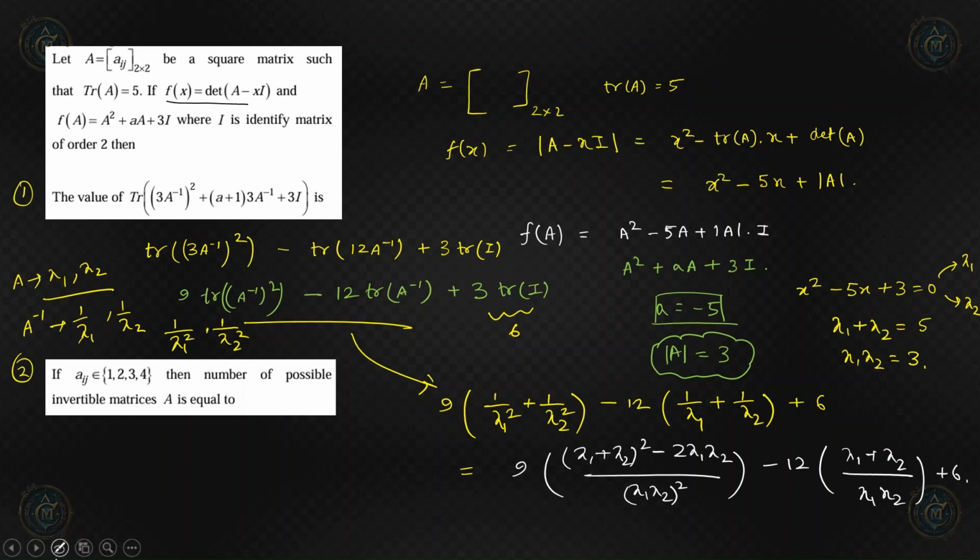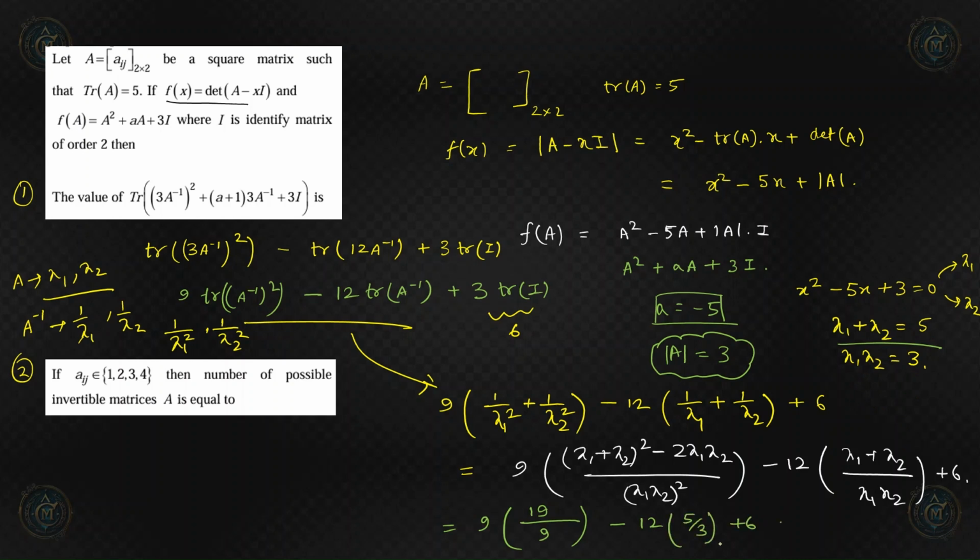Now we can substitute: lambda 1 plus lambda 2 is 5 and lambda 1 lambda 2 is 3. That means this becomes 9 times 25 minus 6, that is 19, divided by 3 square, that is 9, minus 12 times 5 by 3.